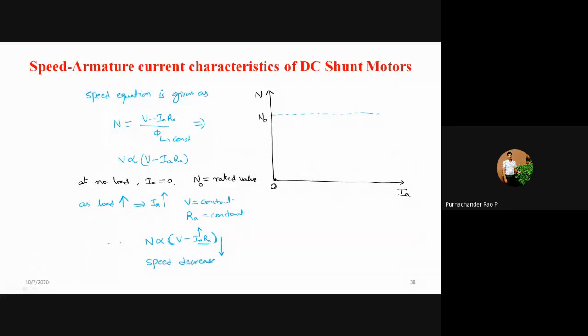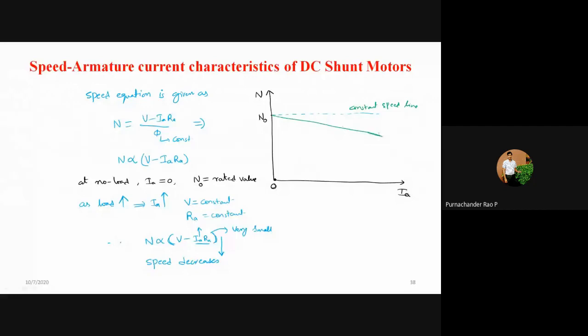As this armature drop is very small, the drop in speed is also very small. This is called the drop in speed here, and it will be like this. This one is the constant speed line, and the green line is the drop in speed.